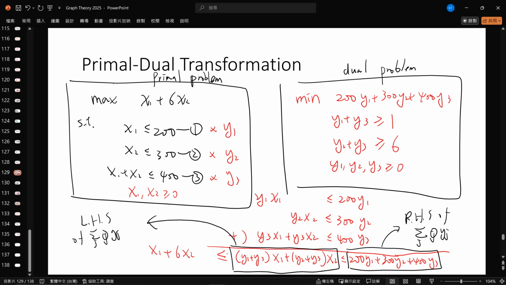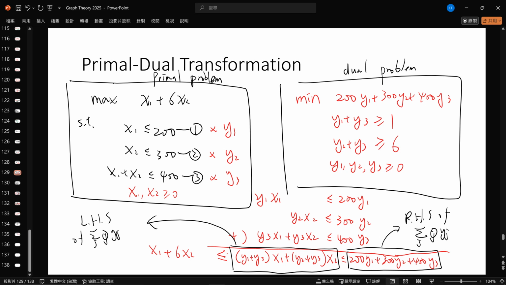This right-hand side will be the upper bound that we want to minimize. So the objective function becomes to minimize the right-hand side of the weighted combination of the constraints.